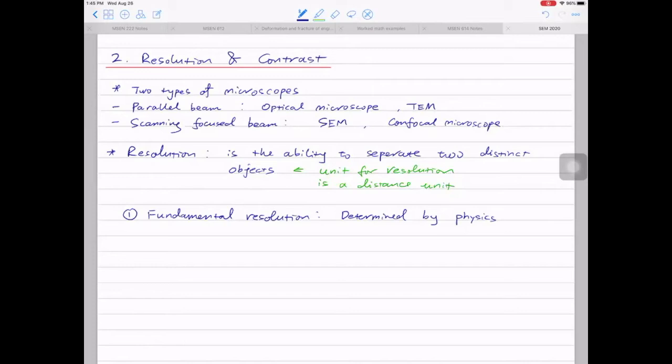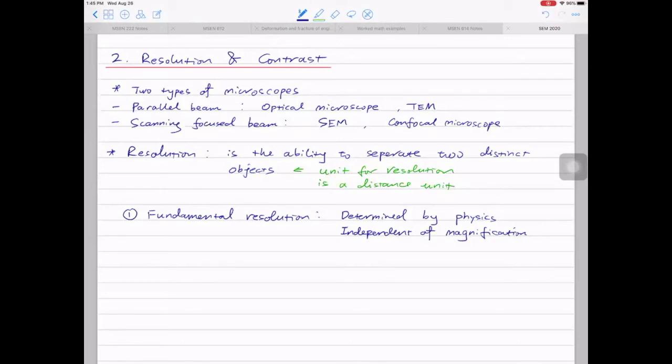The second thing about fundamental resolution is it's independent of magnification. Back to the example of two students sitting really close to each other. If I'm far away, I don't have the resolution to tell whether it's one student or two students.